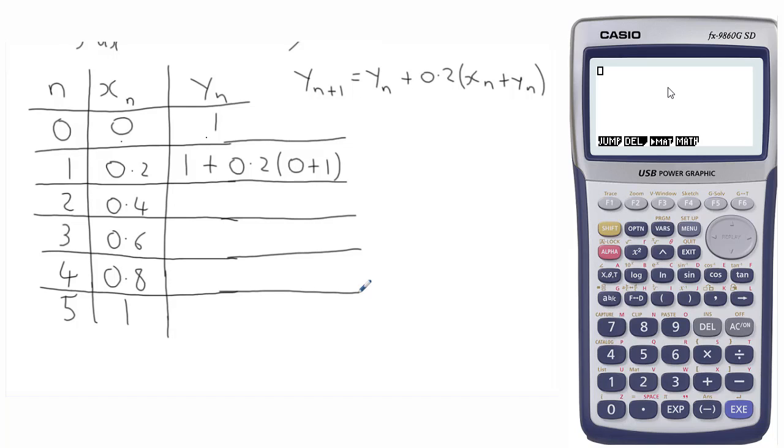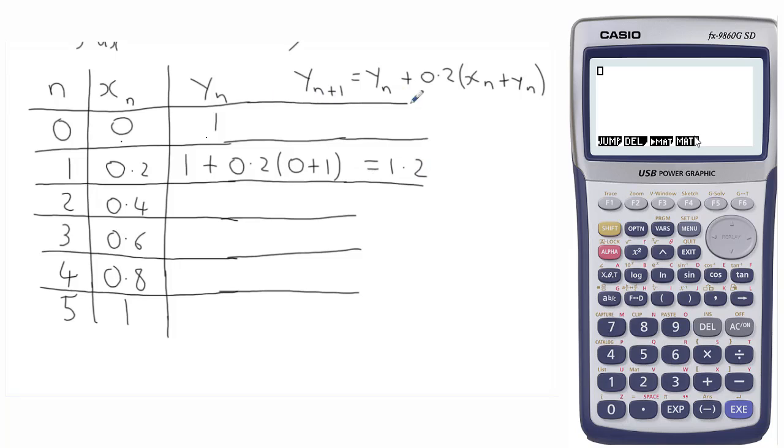We should be able to do this one without a calculator, but I think we're going to be using it reasonably soon. So 1 plus 0.2 times 0 plus 1, or 0 plus 1 is 1. 1 times 0.2 is 0.2. And then 1 plus 0.2 is 1.2. So y1 is 1.2.